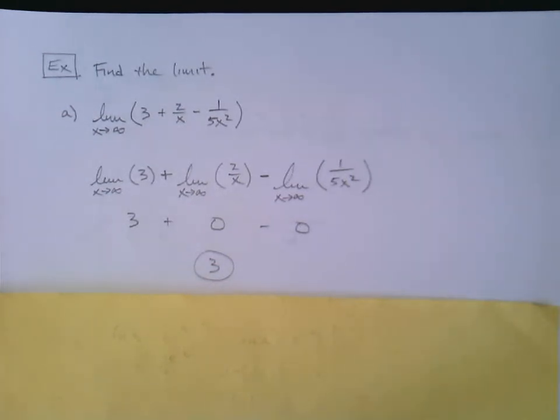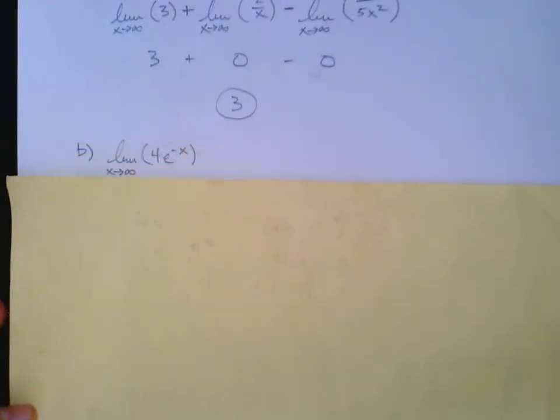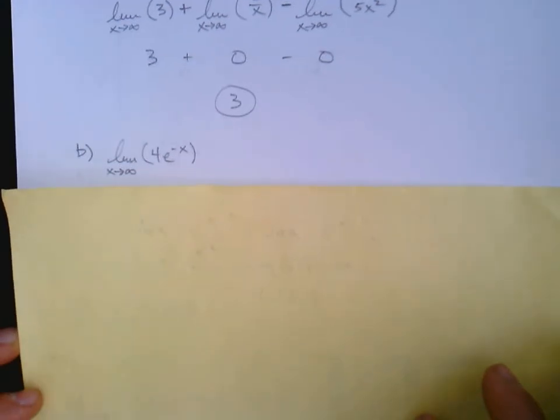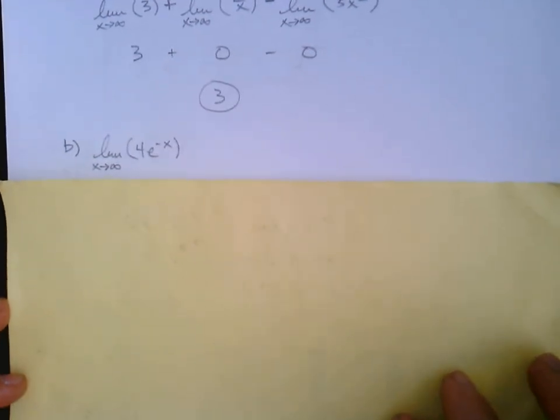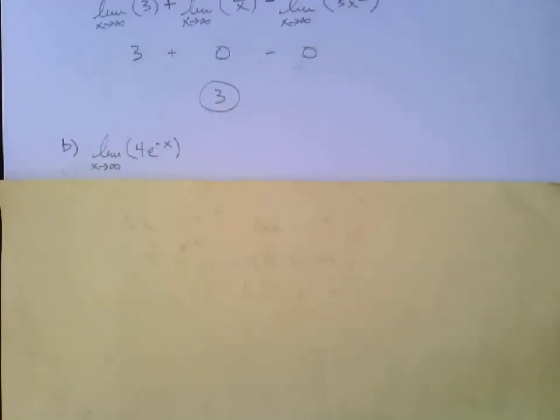Okay, let's do something a little bit harder. No more polynomials, although some of the concept is going to carry over. Let's look at the limit as x approaches infinity for 4e to the negative x. Like, oh, wow, okay. e raised to the negative x.